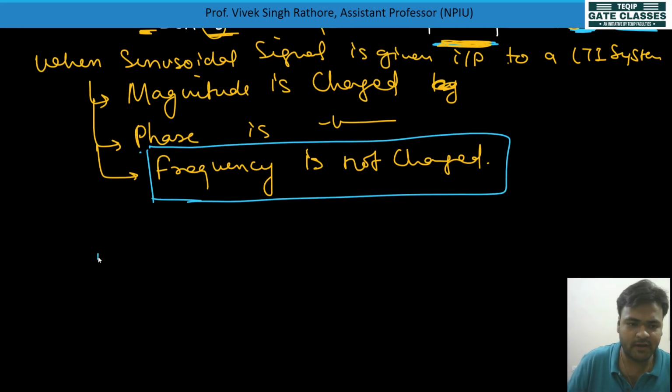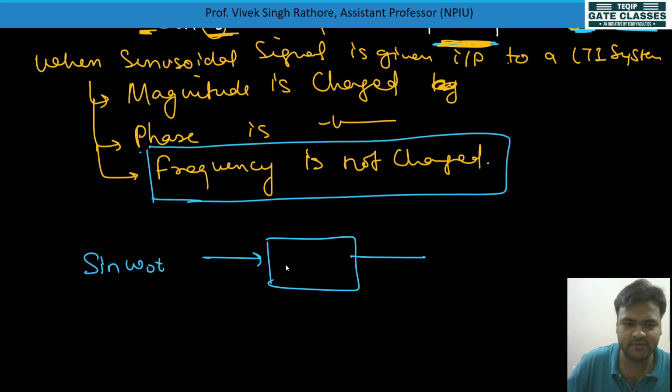So ultimately, whenever sine of omega naught t is given as input to an LTI system, what will be the output?